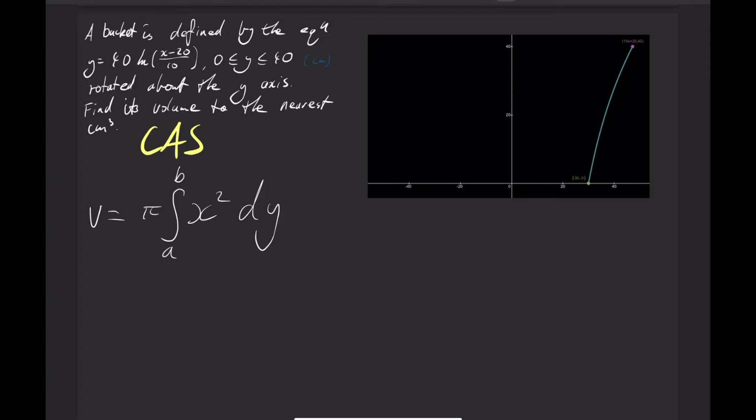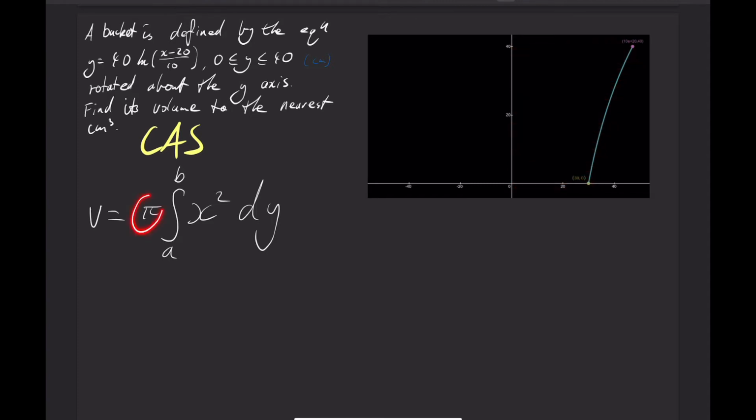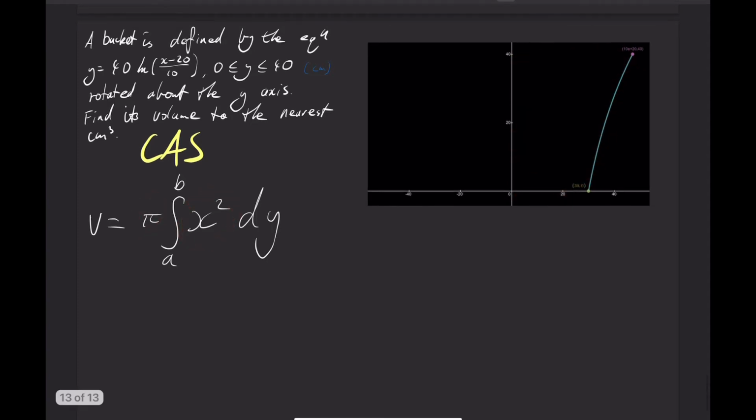Now, the x is our radius, so each one of these points is a radius, and you'll notice pi r squared is the area of that circle. So what we're doing here is we're taking the sums of all of these areas, stacking all of those disks on top of each other to give a volume. We're moving up the y-axis.